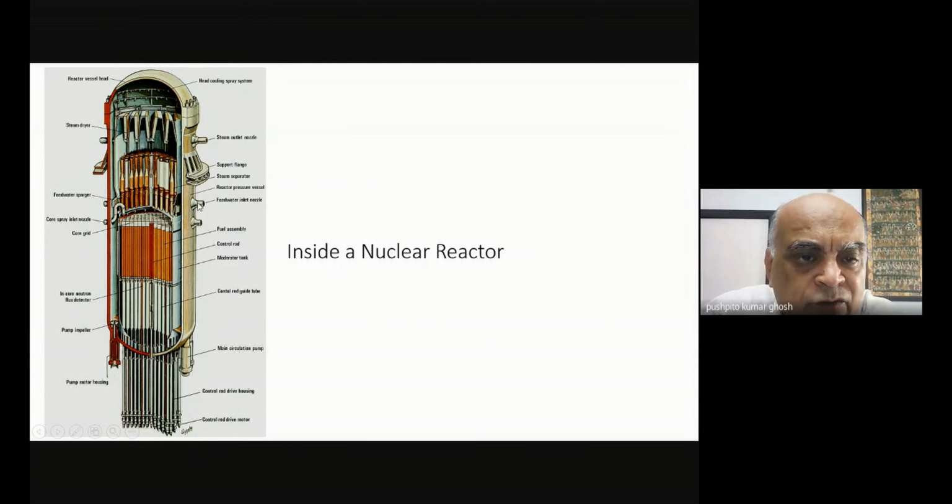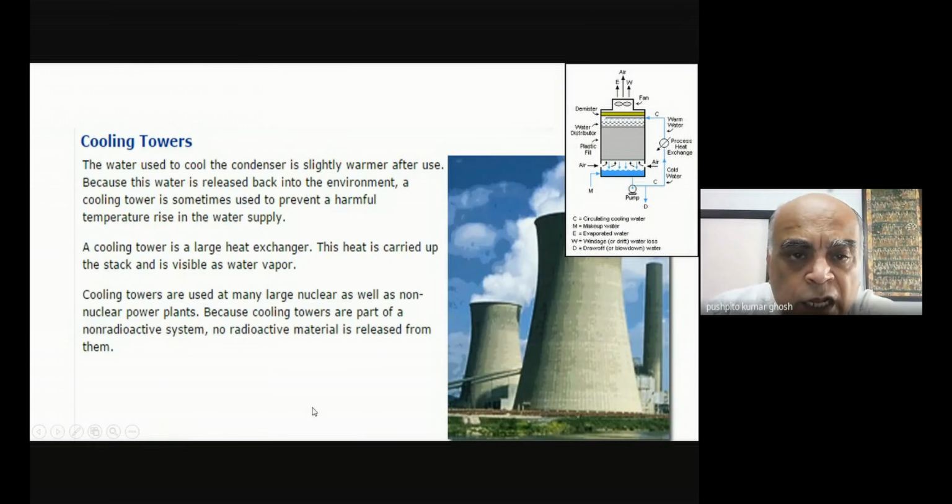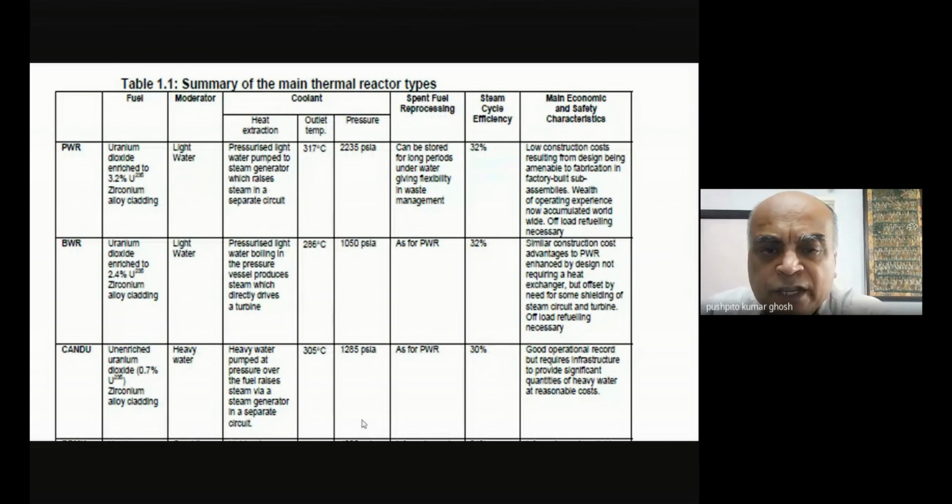Water is coming from here, and effectively that is the water which is slowing down the neutrons and also getting converted into steam. Now this reactor, depending on the type, will have these kinds of pressures: 2235, 1050, or 1285.